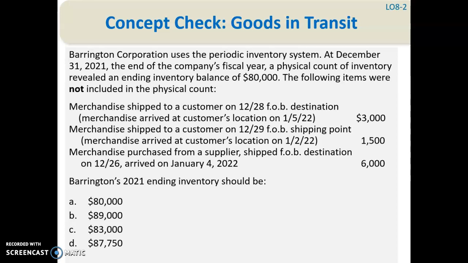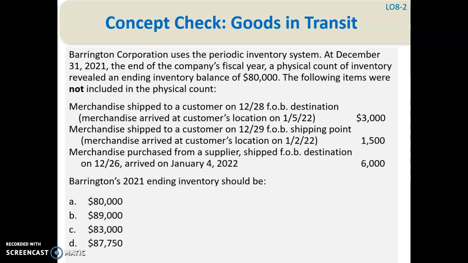Also, $1,500 of merchandise shipped to a customer on December 29th, FOB shipping point. The merchandise arrived at the customer's location on January 2nd, 2022.